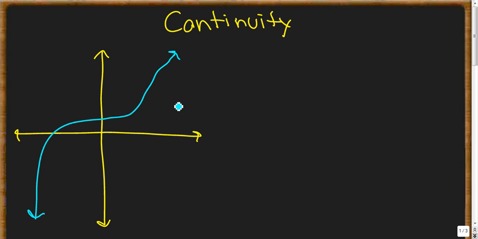Now, the official definition: if we look at every point on the graph, but more specifically, if we were thinking about continuity at a point, are we continuous at this particular little red dot here? It depends on three factors. Our first factor is, is the point defined?